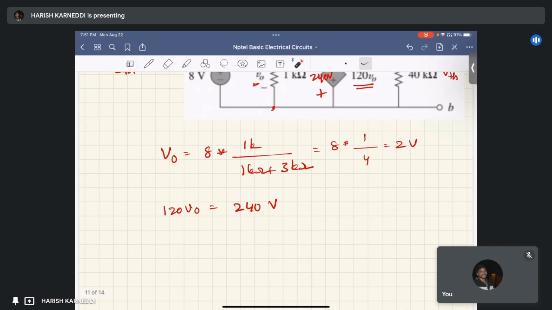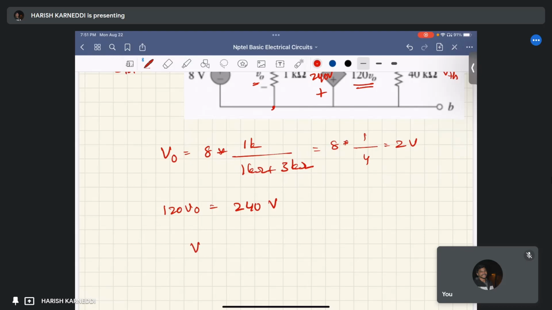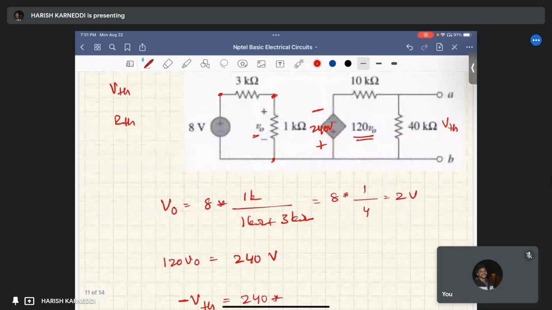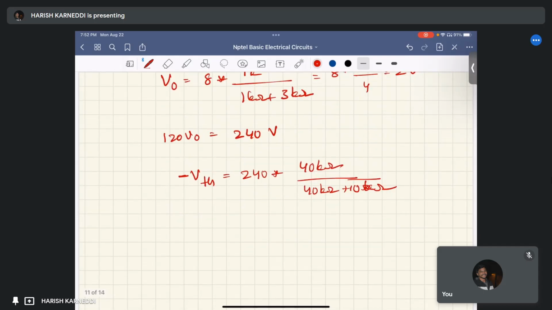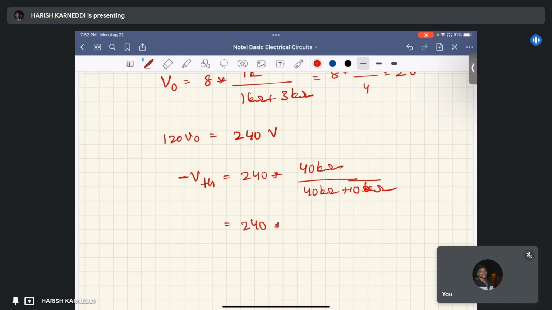Again applying the voltage divider rule, minus VTH equals 240 volts into that resistance, 40 kilo ohm, by 40 kilo ohm plus 10 kilo ohm, which is 240 into 40 kilo ohm by 50 kilo ohm, right?